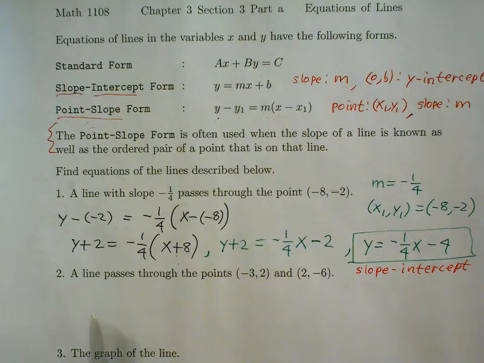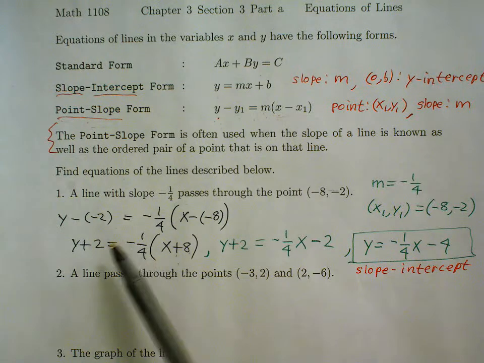Okay, the next problem, number 2. Find the equation of the line that passes through the points (-3, 2) and (2, -6). As we saw in the previous problem, number 1, if we know the slope of a line and the coordinates of one point on the line, then that's enough to find an equation for the line.